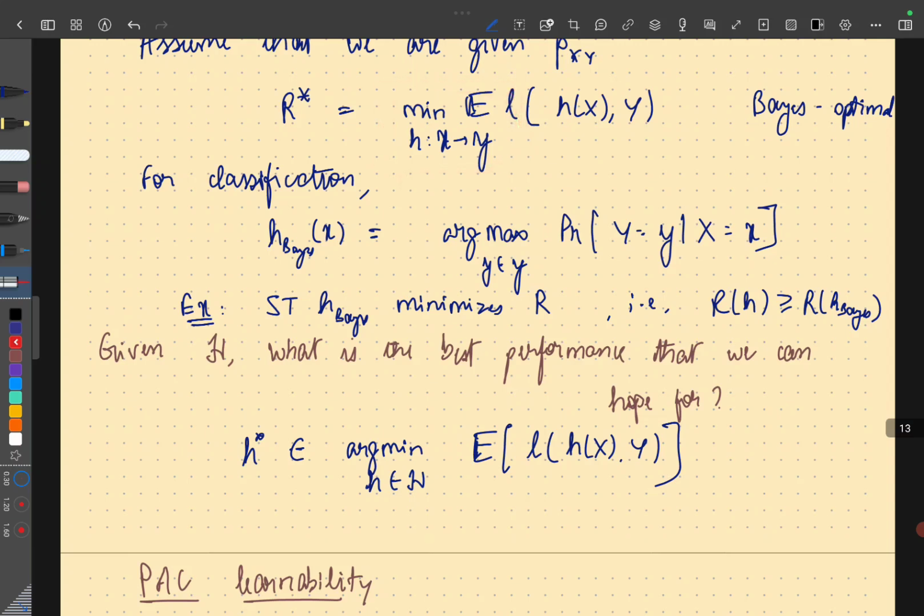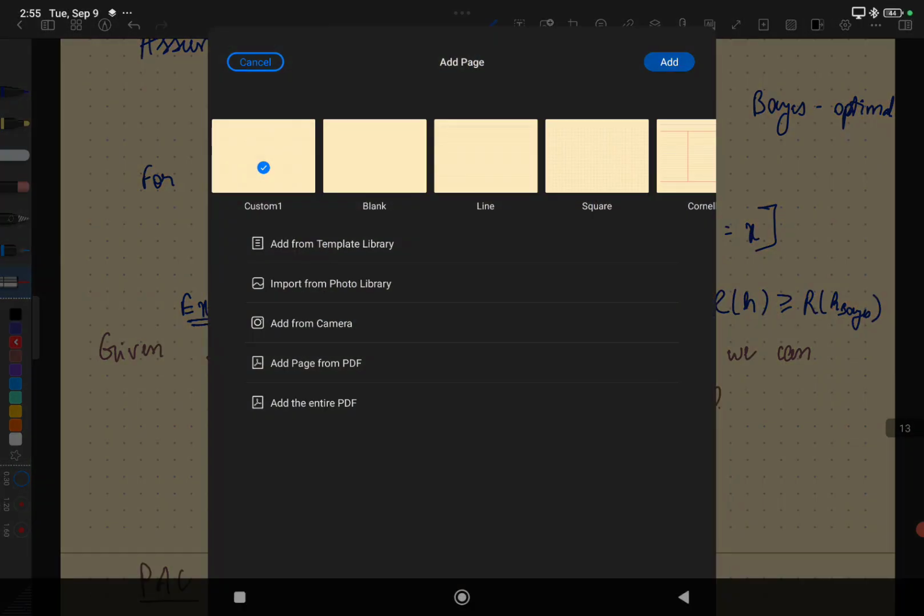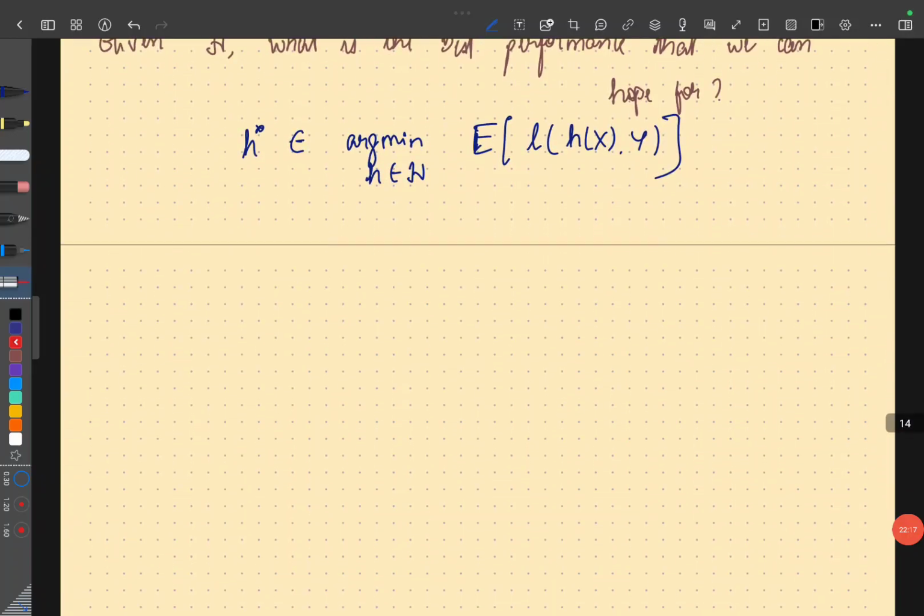This is minimization over all possible functions. So this is the best possible within the hypothesis class, whereas this is the best possible over all possible hypothesis classes. Any questions so far?